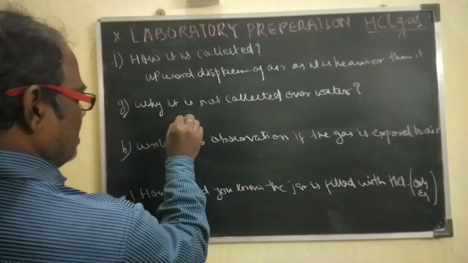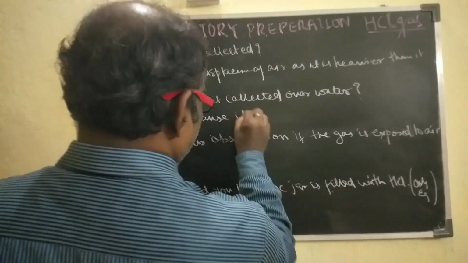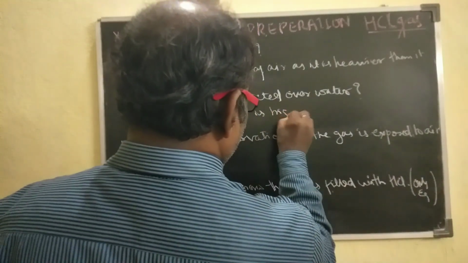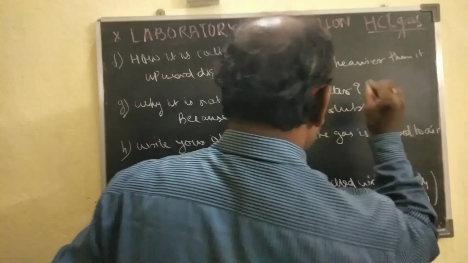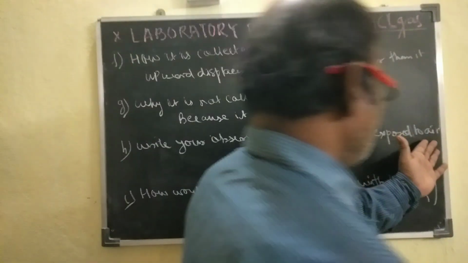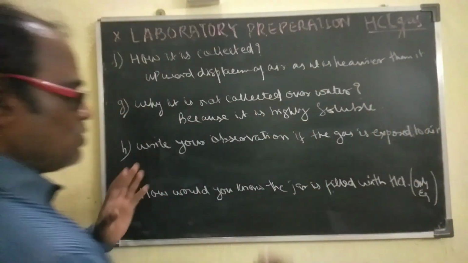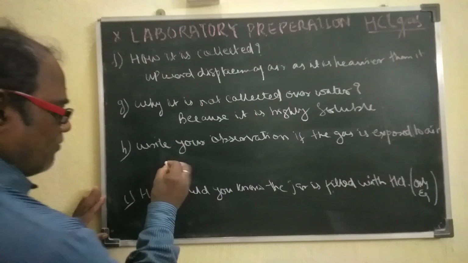Because it is highly soluble. Next, write your observation if the gas is exposed to air. If the gas is exposed to air, we know that in atmosphere water vapor is there. Hence, white fumes will be formed. Write on here.